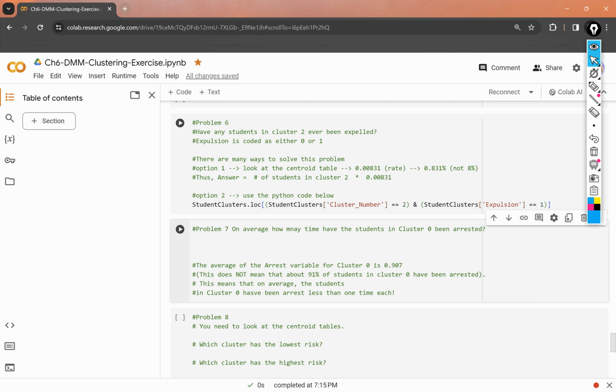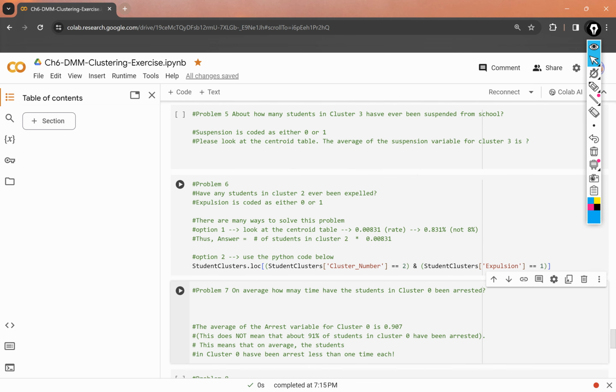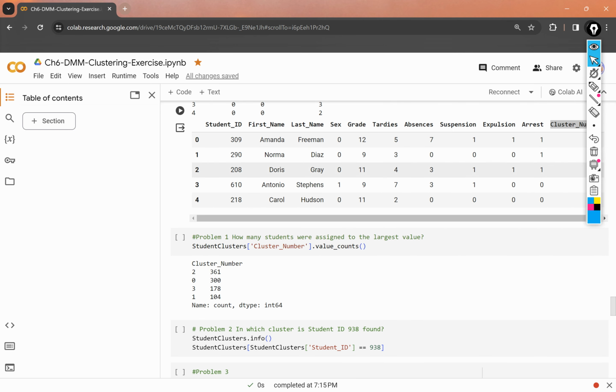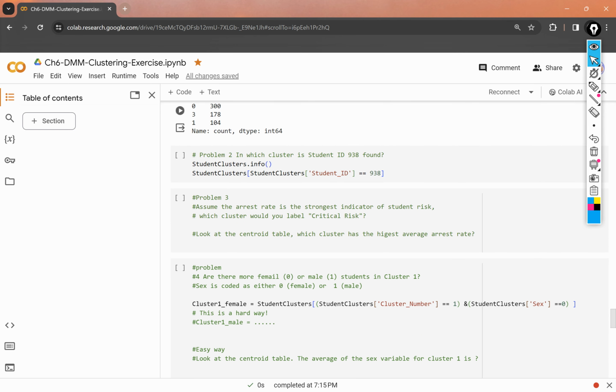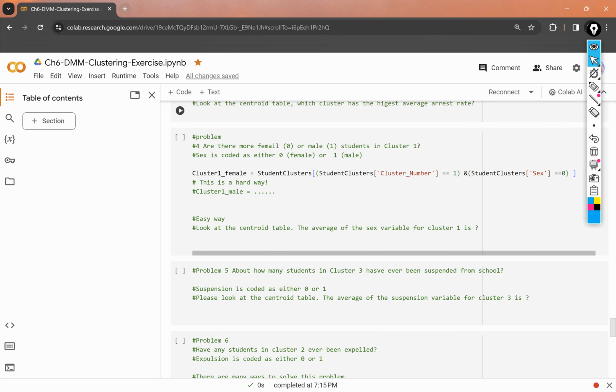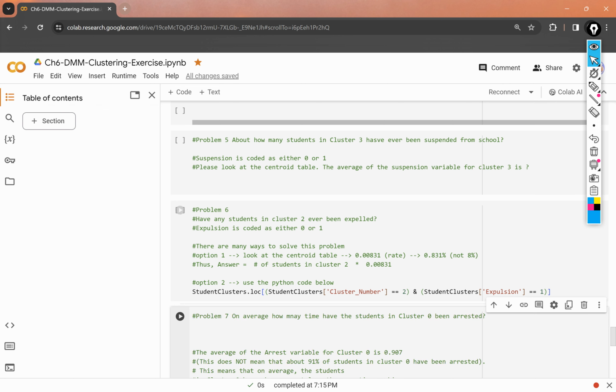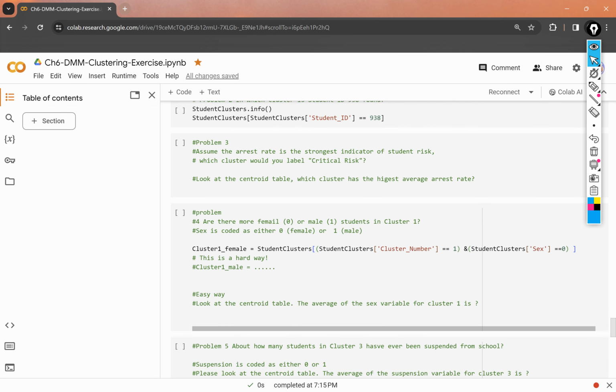The first way is if you look at the centroid table, the rate is 0.00831, right? So let's take a look at the centroid, and problem number 6, cluster number 2, expulsion.